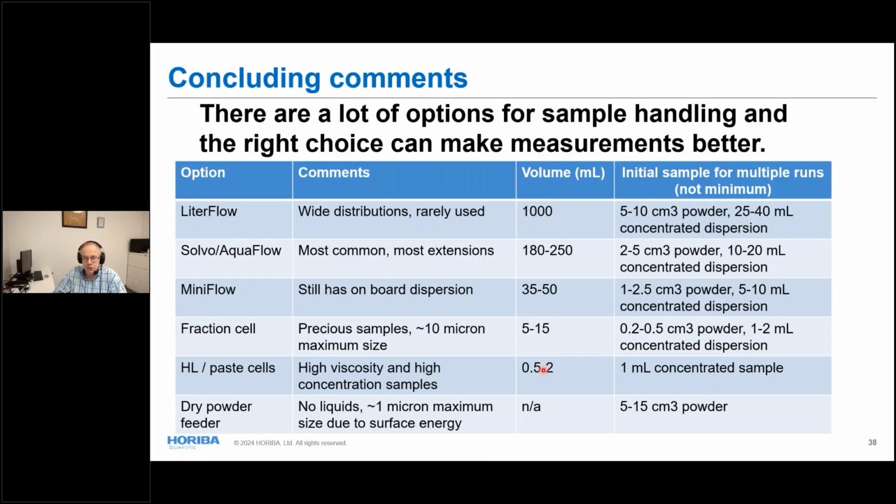If you have a nice dry powder that's flowing well, dry powder feeder, you don't have to mess around with liquids. If you're kind of middle of the road or not really sure, you'll start with the Aquaflow or SolvoFlow. It's so popular, and a lot of that's because it works for so many different applications.